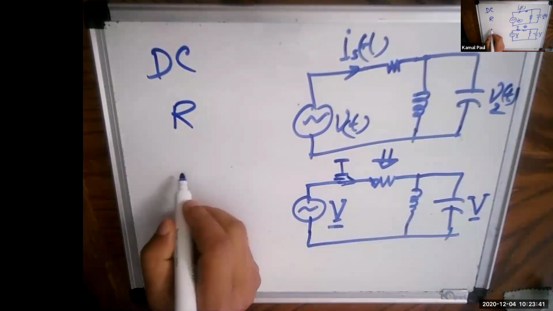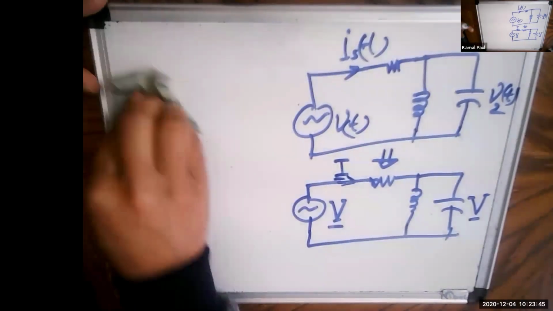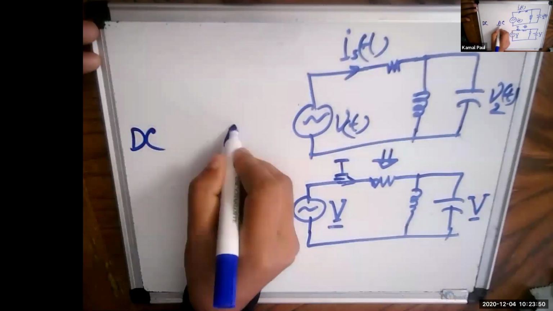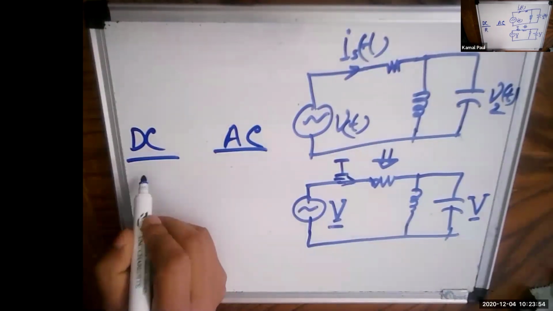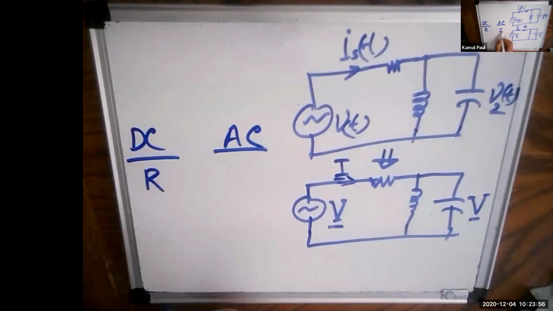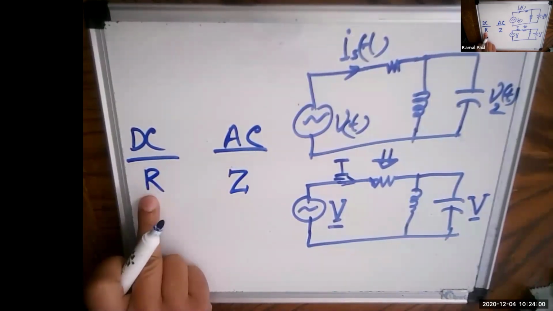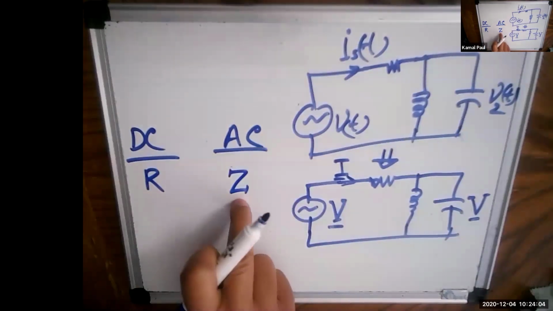But when it comes to AC, this thing is not the same. This is DC and this is, for example, AC. Now in a circuit, the resistance is equivalent to impedance. In a DC circuit, we call it only DC resistance, but in an AC circuit, this resistance is now impedance.